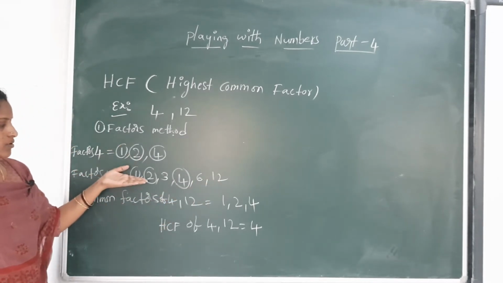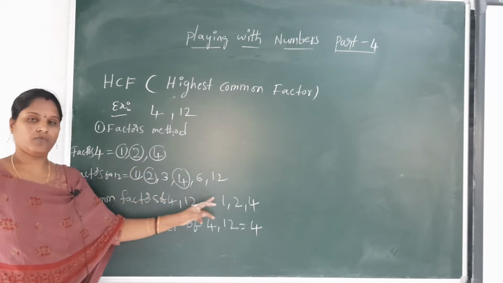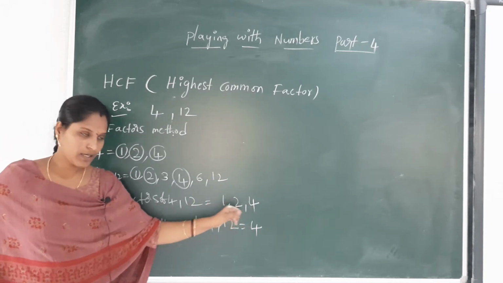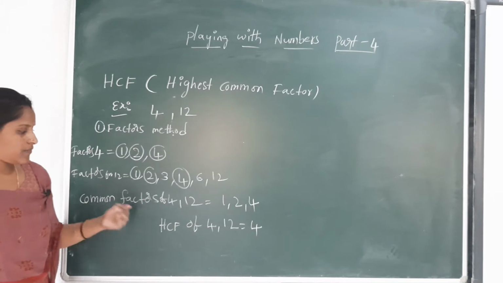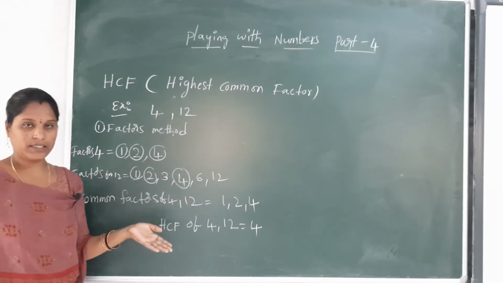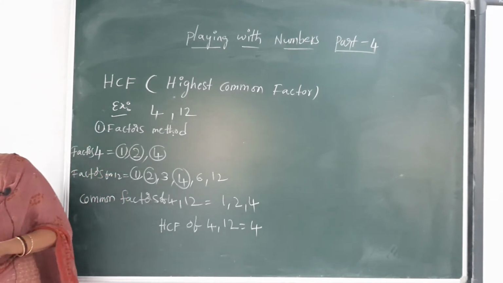For these two we encircled the common factors, 1, 2 and 4. Here we have 3 common factors, and the highest of these is the HCF. This is the factors method. Next we are going to discuss the prime factorization method.